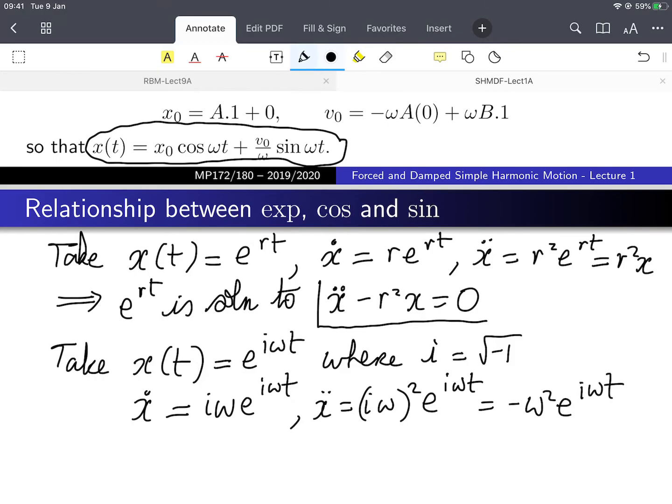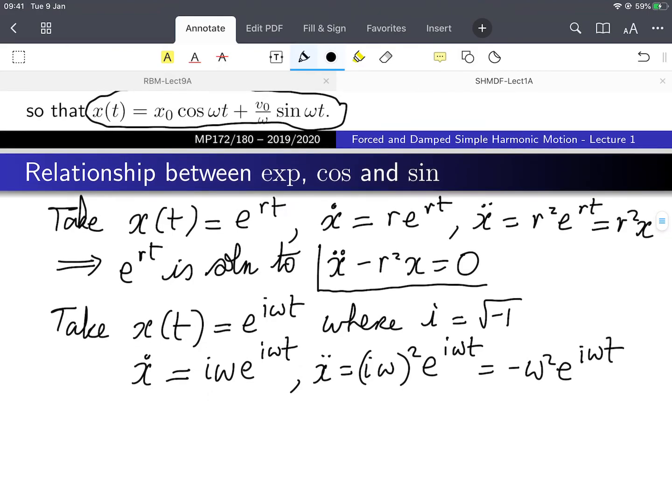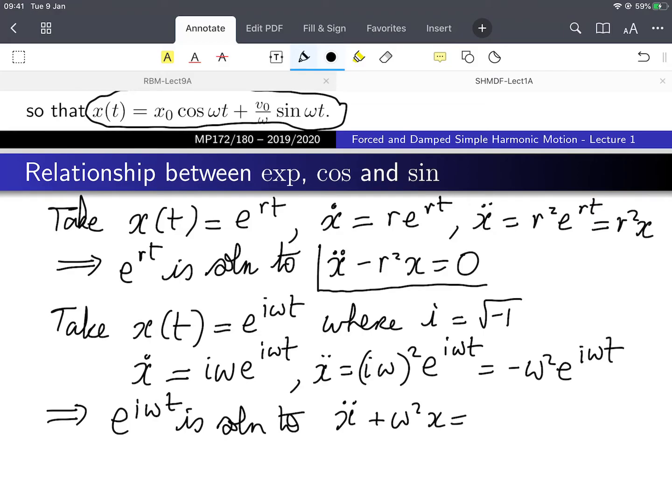It just works. What do I get? That e^(i omega t) is a solution to this equation, the simple harmonic motion equation.